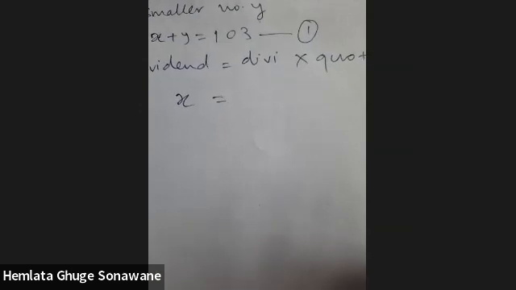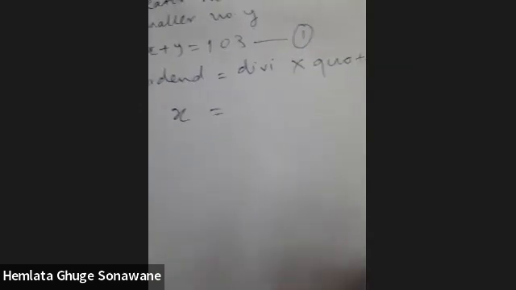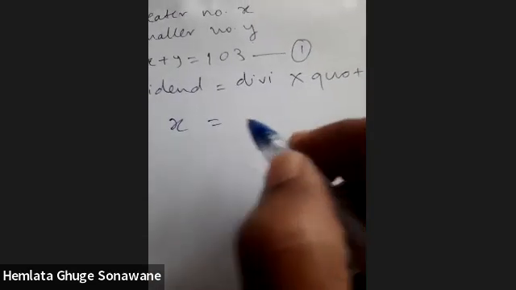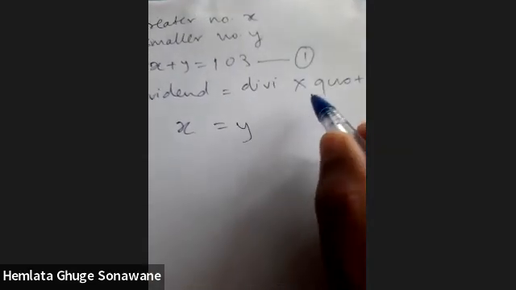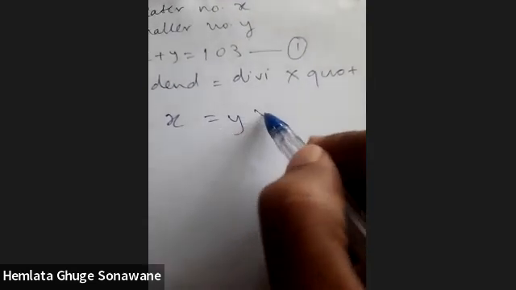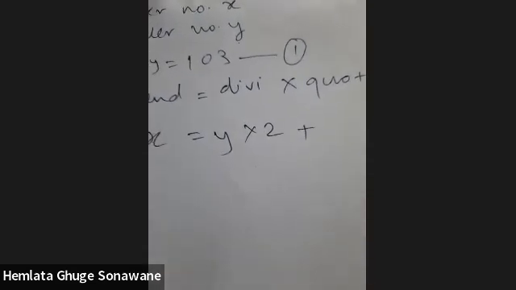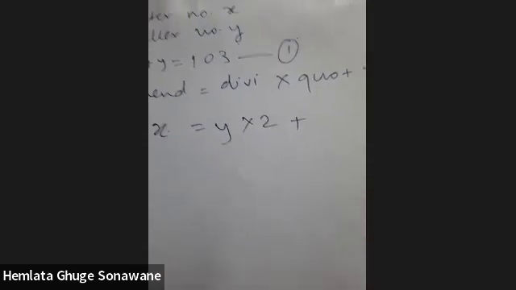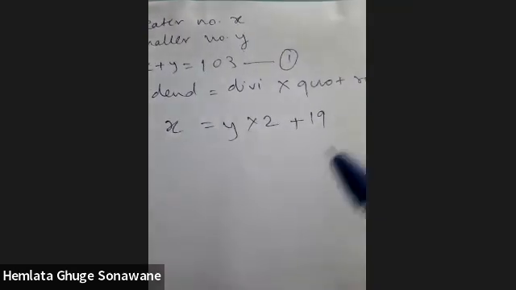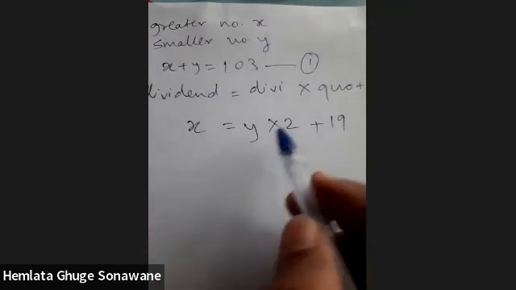Our divisor is y. What is our quotient? It is given in the example itself. That is 2. Plus what is our remainder? That is given in the condition itself. That is 19.